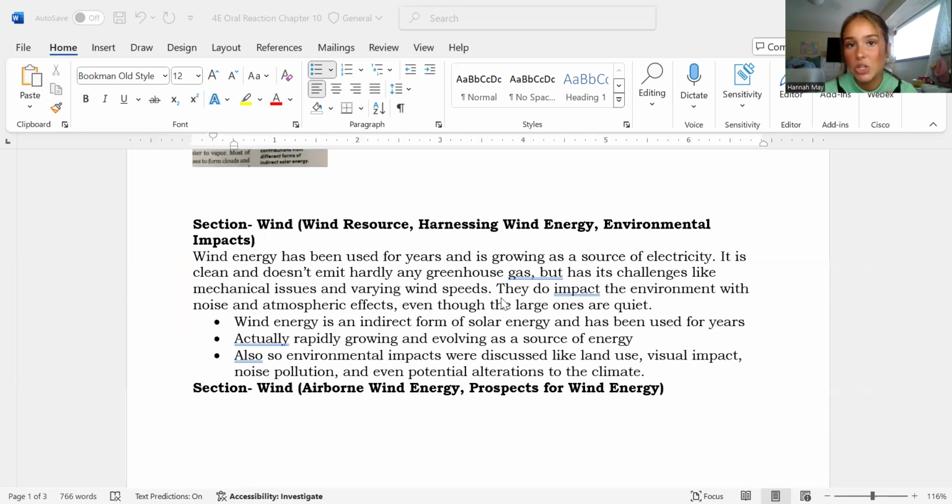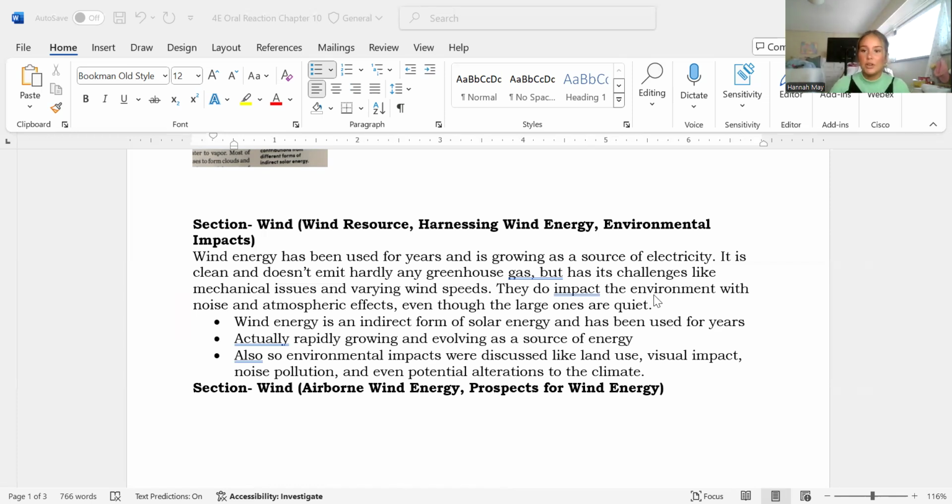It is clean and hardly emits any carbon or greenhouse gases, but it does have its challenges like mechanical issues and varying wind speeds. They do impact the environment because of how much noise they put out and could even cause atmospheric effects, even though the larger ones are quieter.